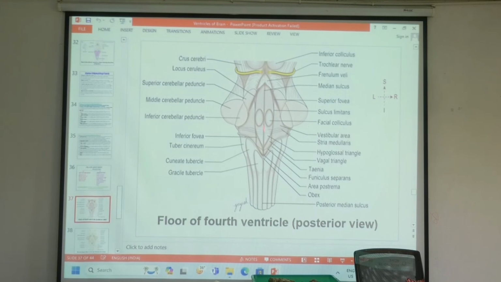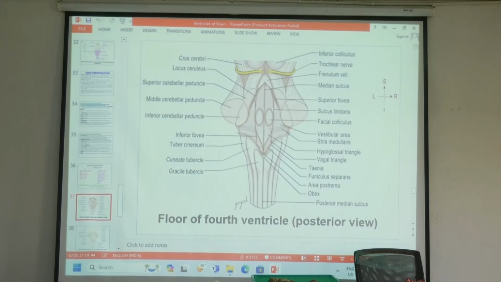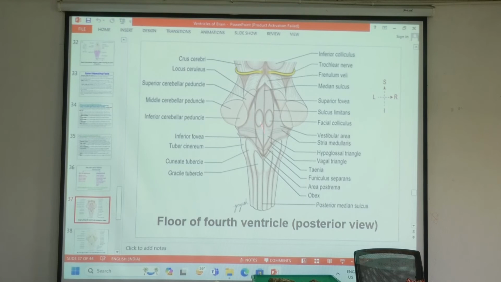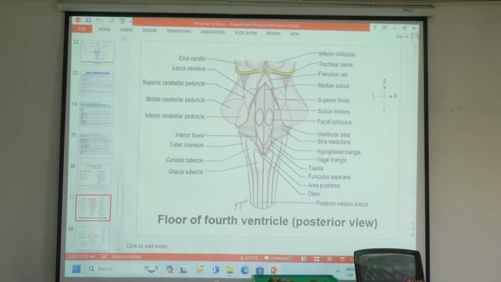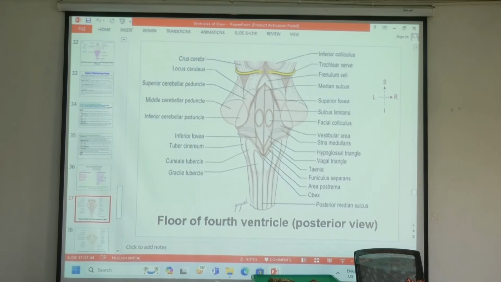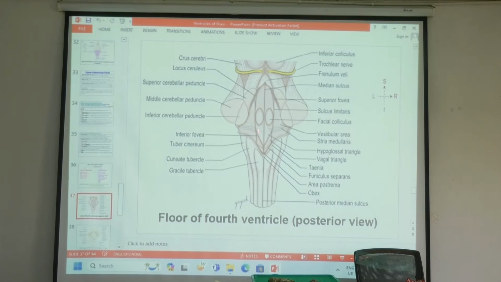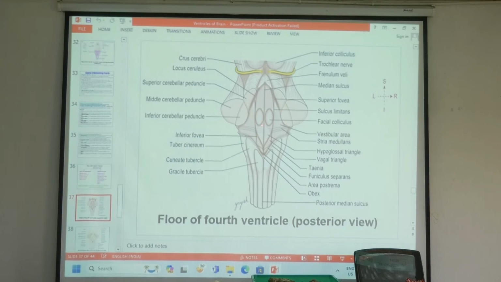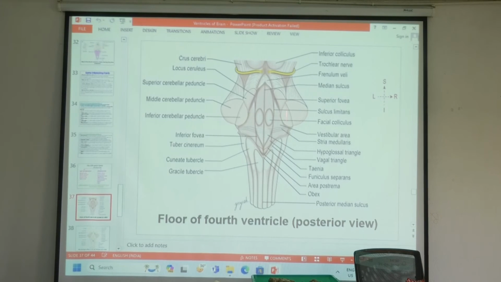Dividing and below it lie the two triangles: the hypoglossal triangle superomedially and inferolaterally the vagal triangle. And this lower end looks like the nib of a pen. This area is known as the area postrema, and below it lies the obex. Understood? Below here, this part is the medulla.